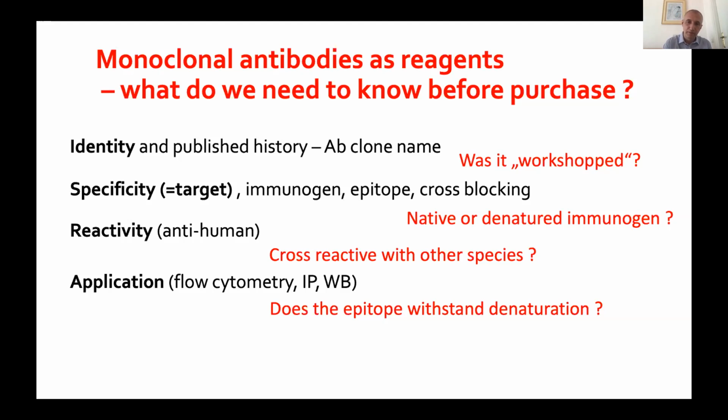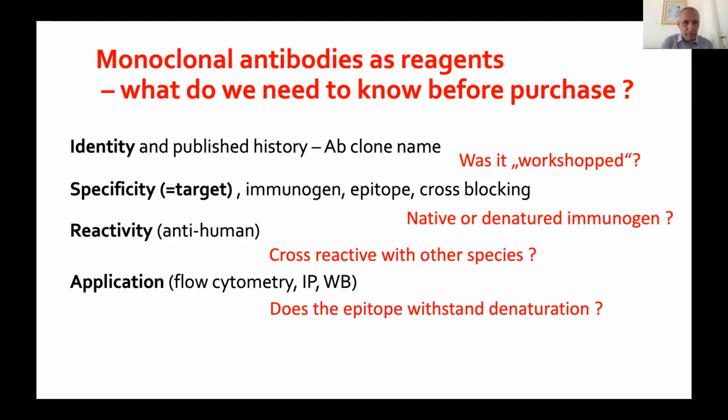So if the sample preparation will be using fixation, we will better use an antibody that was developed against denatured immunogen. If a native one is used, we have to test whether fixation alters this or not.